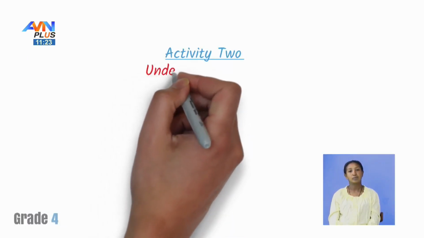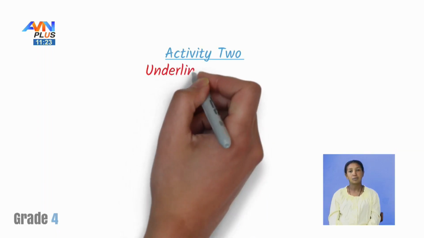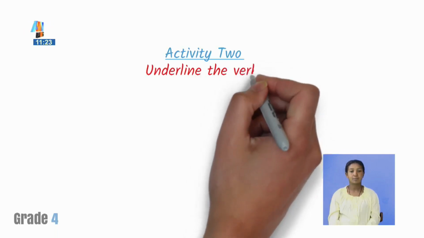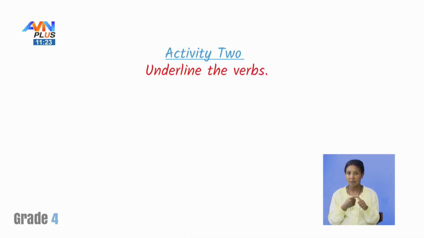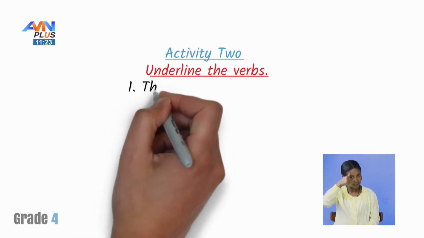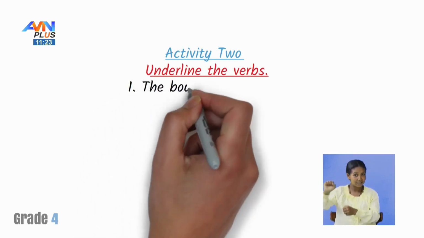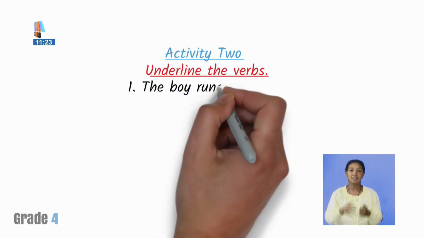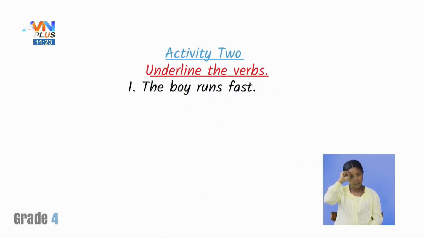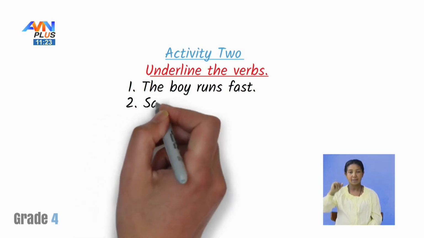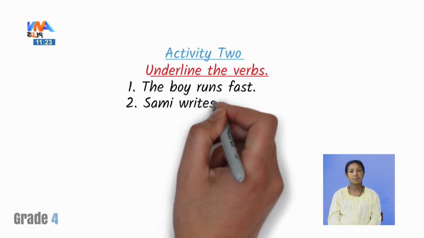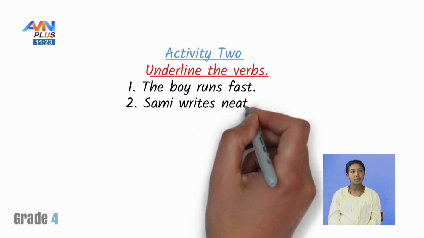So here is the first question, students, and let me give you more examples. Underline the verbs. Question number 1. The boy runs fast. Sammy writes neatly. 3.